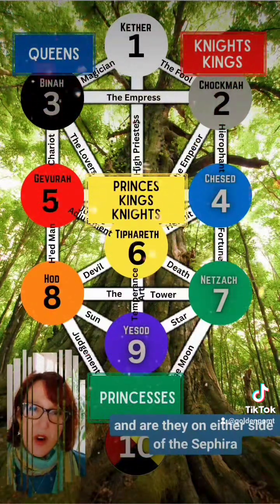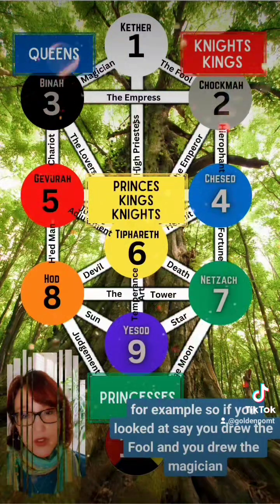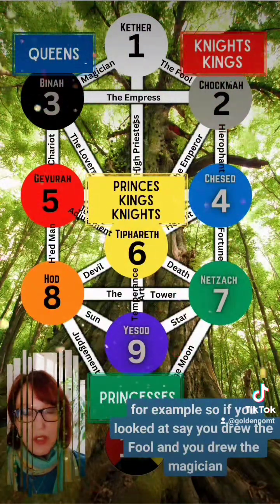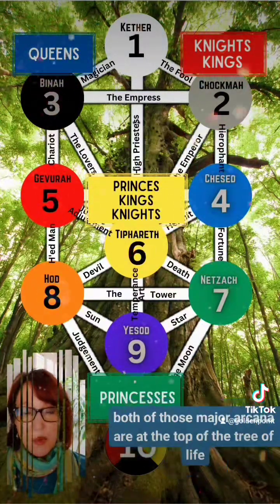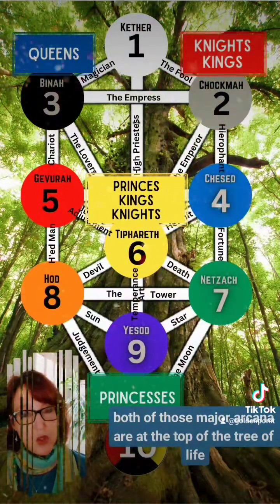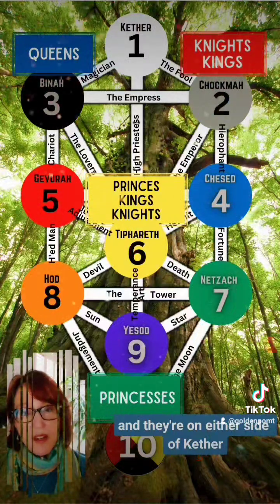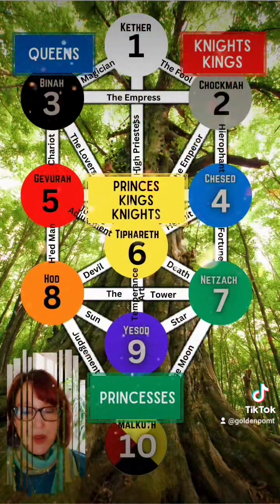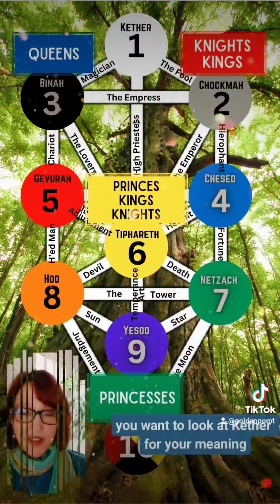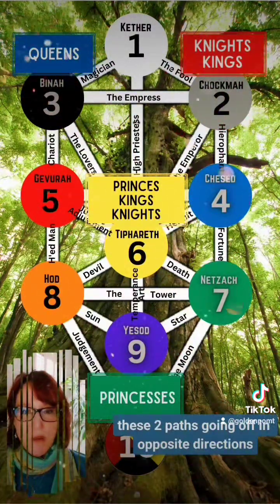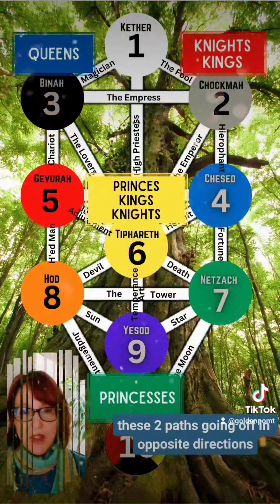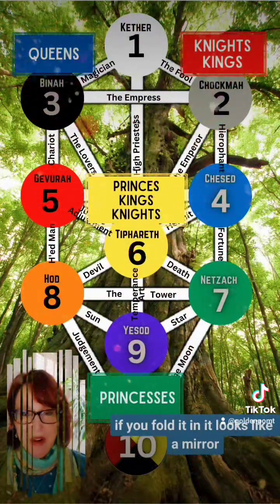And are they on either side of a Sephira, for example? Say you drew the Fool and the Magician. Both of those major arcana are at the top of the Tree of Life, and they're on either side of Keter. So you want to look at Keter for your meaning, but also look at the fact that it looks like a mirror, these two paths going off in opposite directions. If you fold it in, it looks like a mirror.